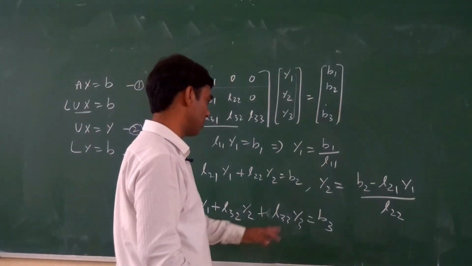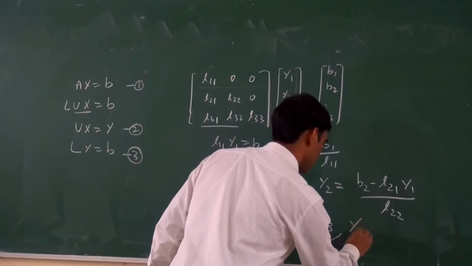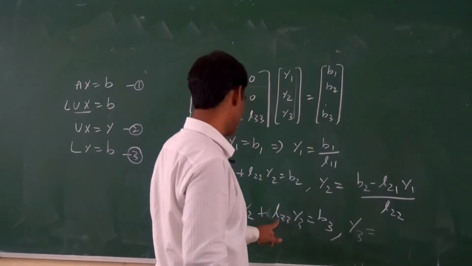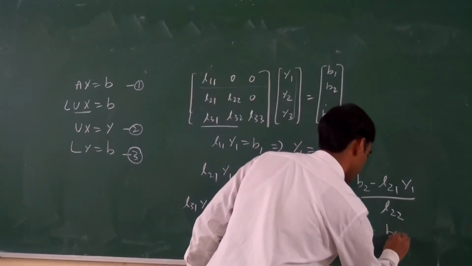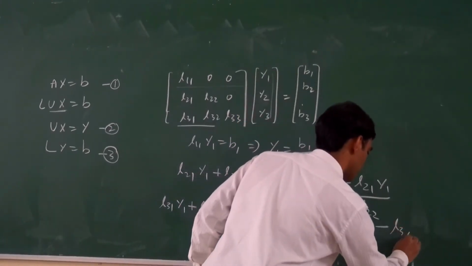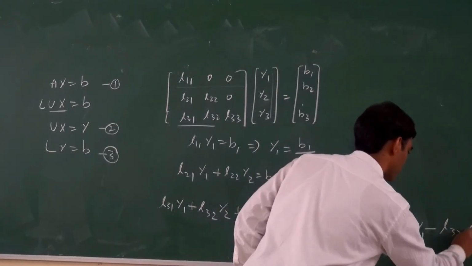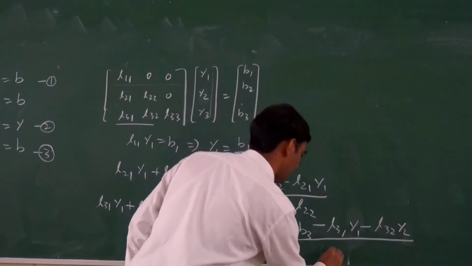Then y3 equals b3 minus L31 y1 minus L32 y2, divided by L33.